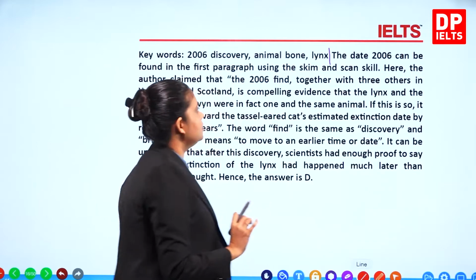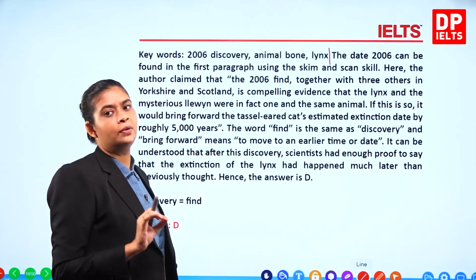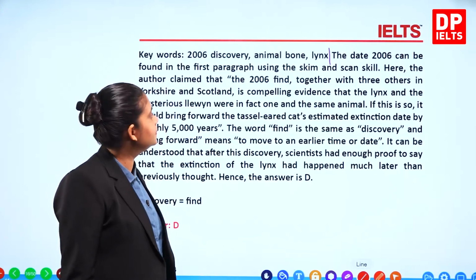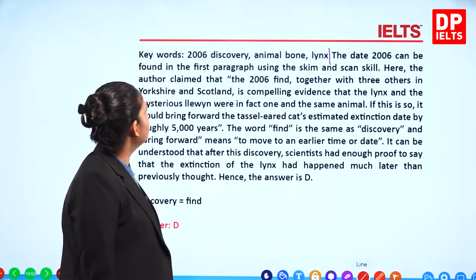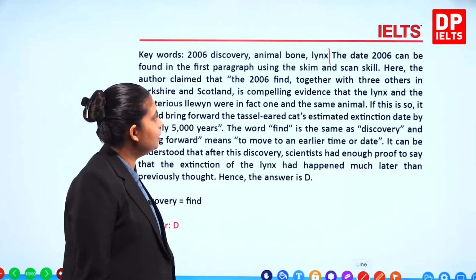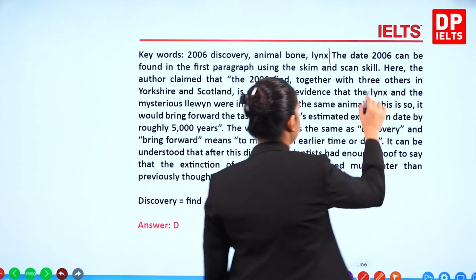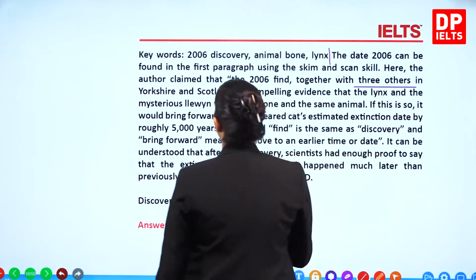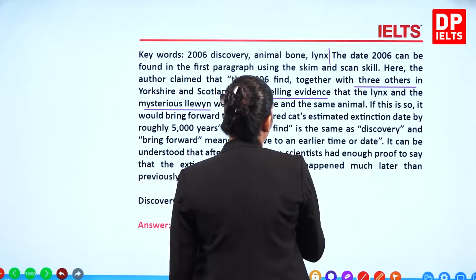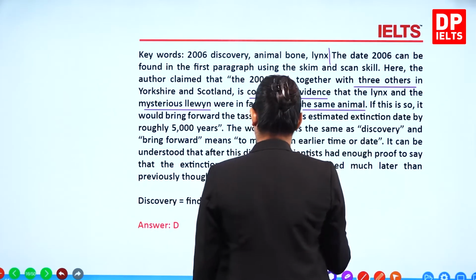The date 2006 can easily be found in the first para if you use your scanning techniques, right? Here the author claimed that 2006, together with 3 others in Yorkshire and Scotland, is compelling evidence that the lynx and the mysterious Llewellyn were in fact one and the same animal.